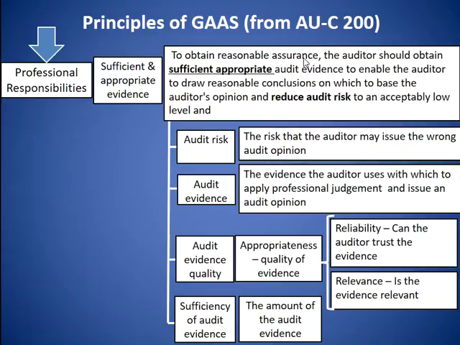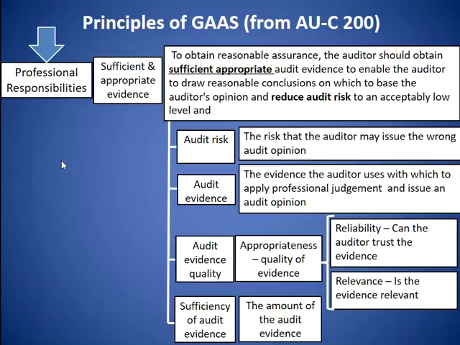To obtain reasonable assurance, the auditor should obtain sufficient, appropriate audit evidence to enable the auditor to draw reasonable conclusions on which to base the auditor's opinion and thereby reduce audit risk to an acceptably low level. Now, I'm sorry about that last word after level, that's a typo, obviously.